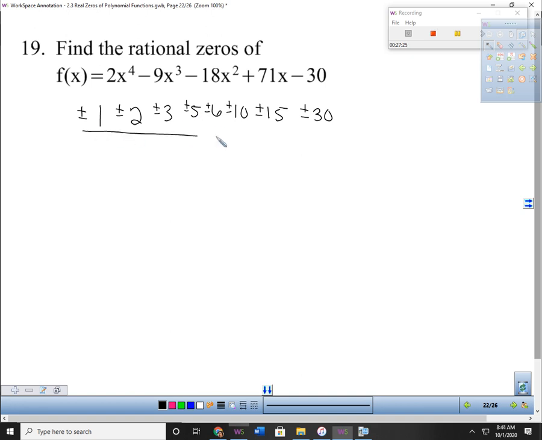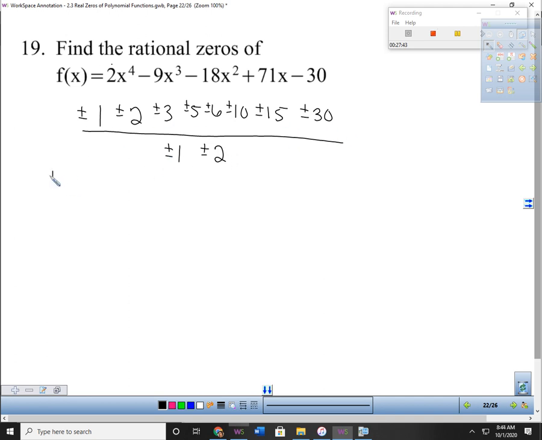And then I'm going to divide that by all the factors of 2. So that would be 1 and 2. So you have to take everything on top and divide that by 1. And then everything on top divided by 2. So if I divide everything on top by 1, I just get everything on the top.